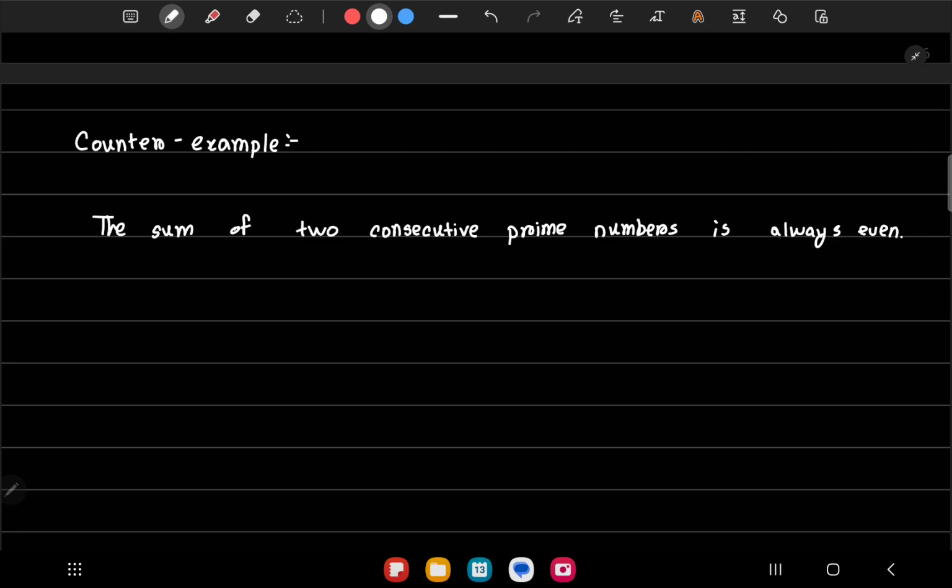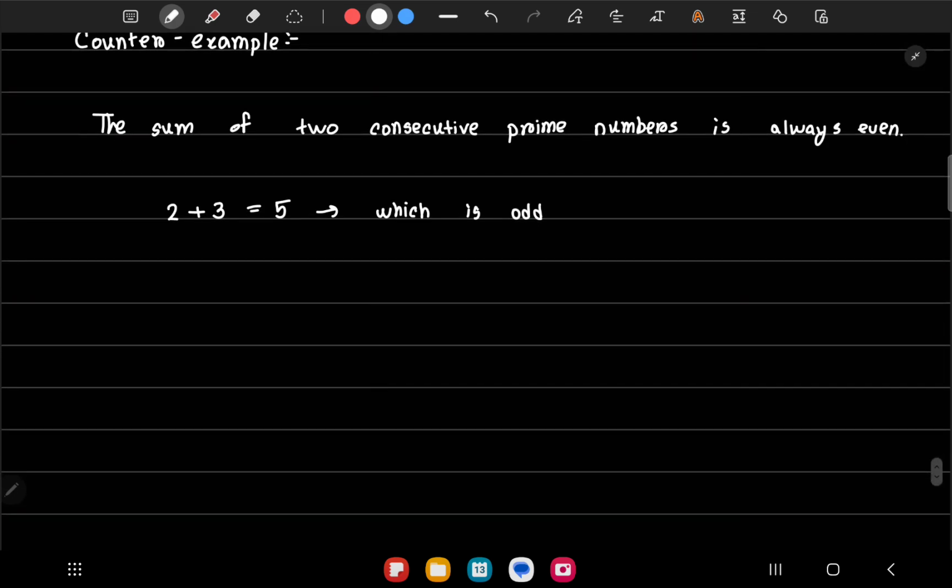For this I can find the example 2, 3. So the first two prime numbers are 2 and 3. If I add them together, I get 5. This is odd. So we have disproven our theory, or disproven the statement.